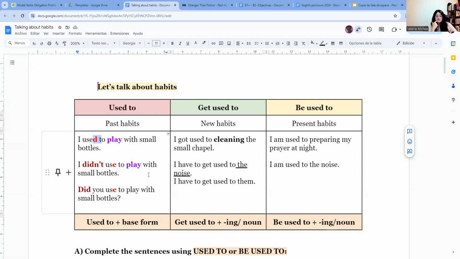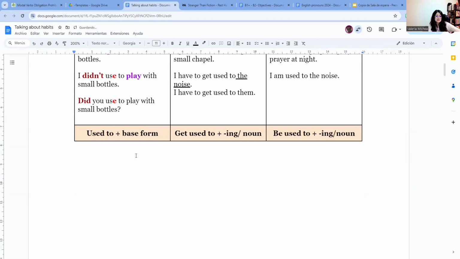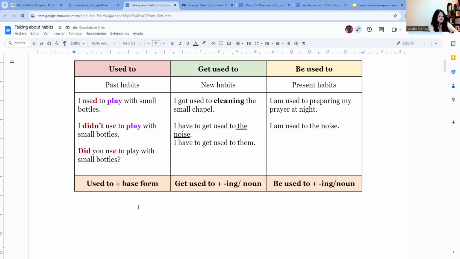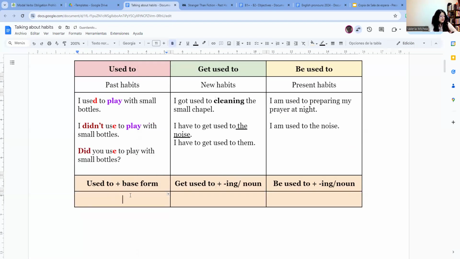Now we have another way of referring to past habits. And this is also something that we studied last semester. And it's related to this word. Let me write it here. It's related to would. All right, so we studied this.